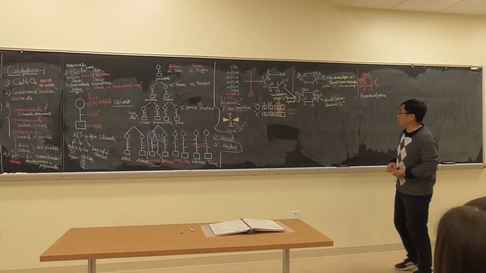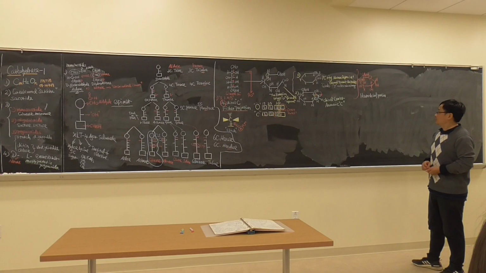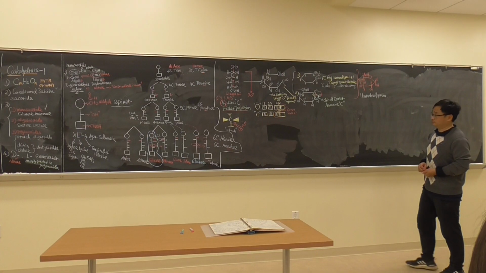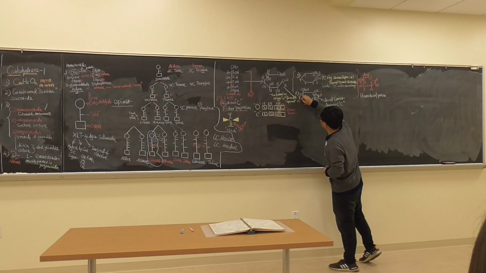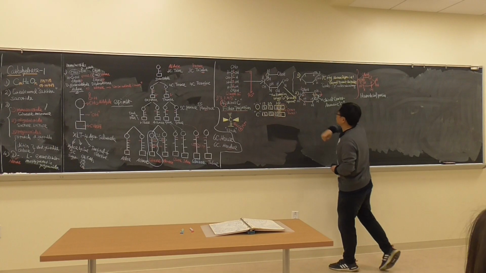Then, how many chiral carbons in the Haworth configuration? It's 1, 2, 3, 4, 5. This one is not.